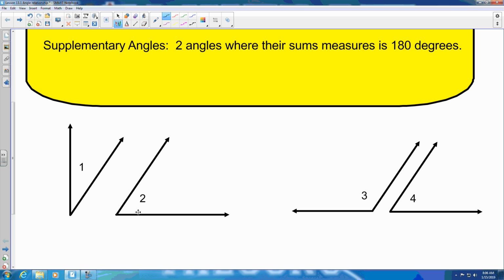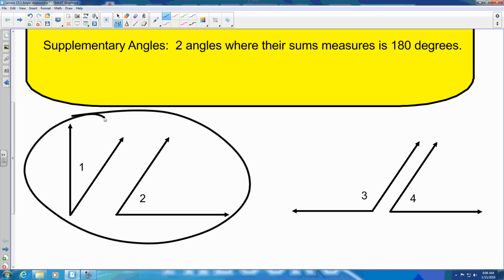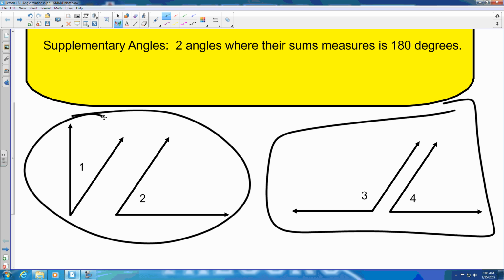So if you look here in these two diagrams, angles 1 and 2 would be considered complementary angles because if I move these two around and fit them in, it appears that we have a 90-degree angle between angles 1 and 2.